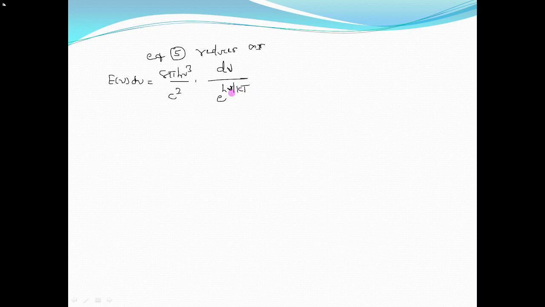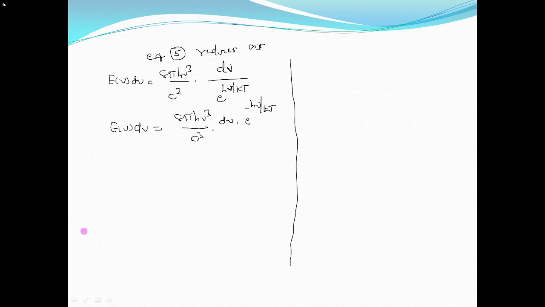Now I want to write this as 8 pi h nu cube by c cube into d nu into the numerator, so e power minus h nu by kT.